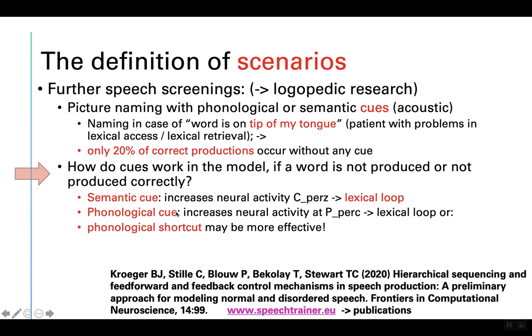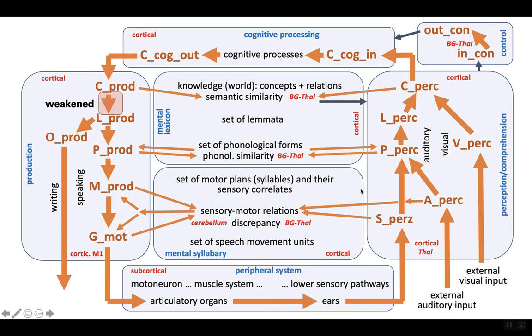In the case of a phonological cue, it works in the same way, an increase in neural activation on the perception side. So we get an increase here. We have the word car to say, so we try to activate all words or syllables starting with K and hope that we get a co-activation of the word car here that increases the strength of the activation here.